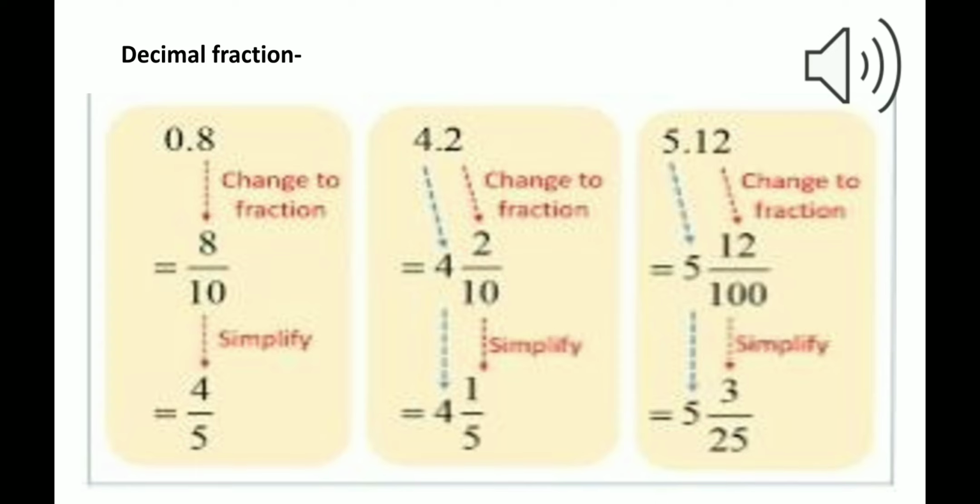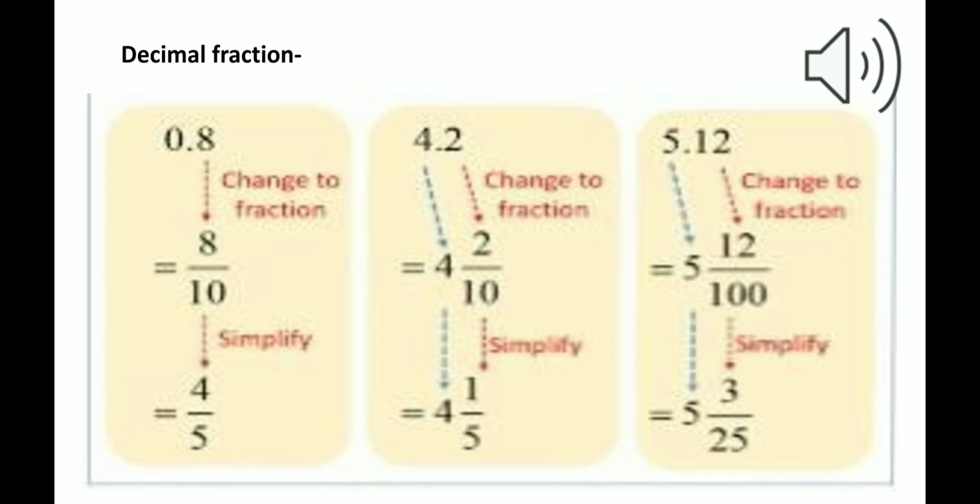So 0.8 becomes 8 upon 1, 0. Okay, 1 0, that means there is only one 0 after 1, that makes it 10. So after the decimal there was one decimal place, that means one number after the decimal, therefore there is only one 0.